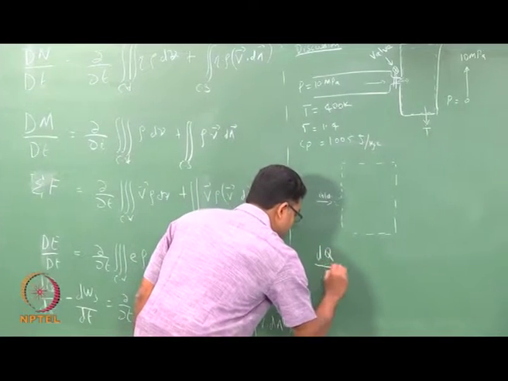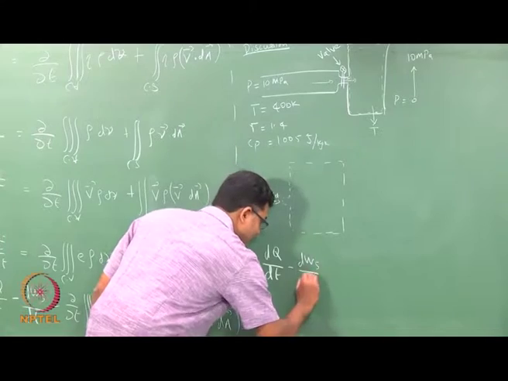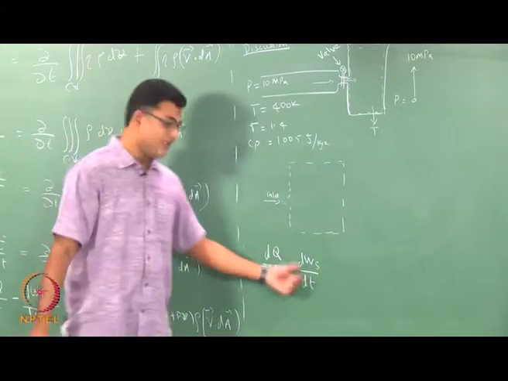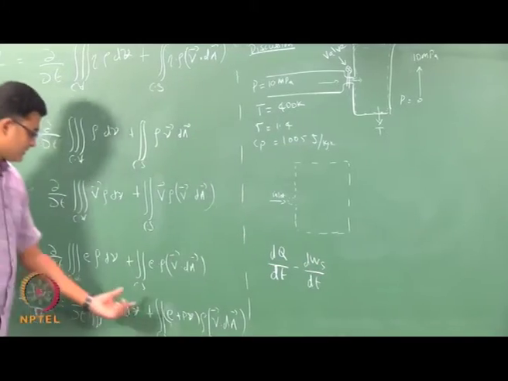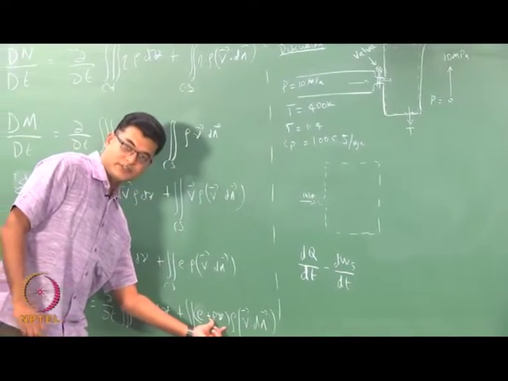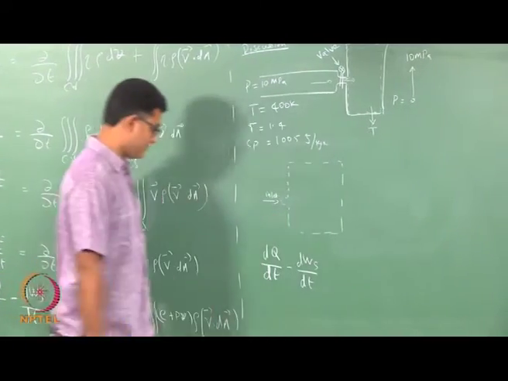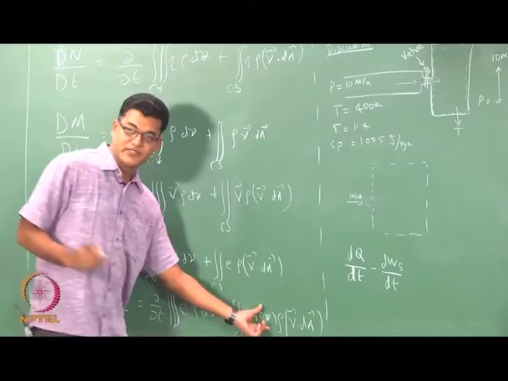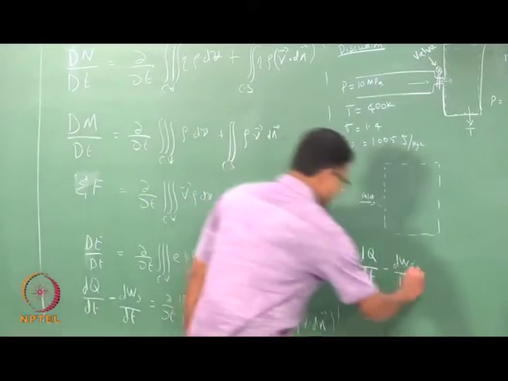So, dQ by dt minus dW by dt. The work term contains two components: one is the shaft work done and the other is the work done by the surroundings to push the air into the control volume. That is the PV term which we saw in the last lecture.